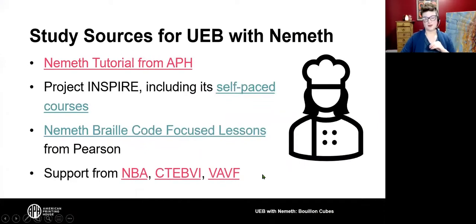It's also true that Pearson has a series of Nemeth Braille Code focused lessons. Each of those comes in a zipped folder and is sort of a PDF as well as a BRF with some explanation and examples. And please, let's not forget about our supportive chefs in the study kitchen, the National Braille Association, the California Transcribers and Educators for the Blind and Visually Impaired, and Visual Aid Volunteers of Florida.